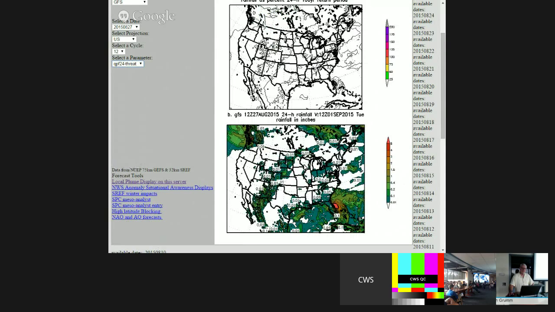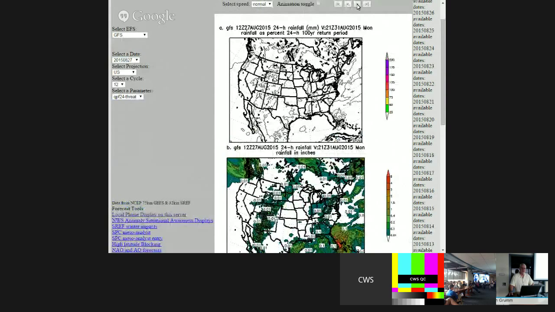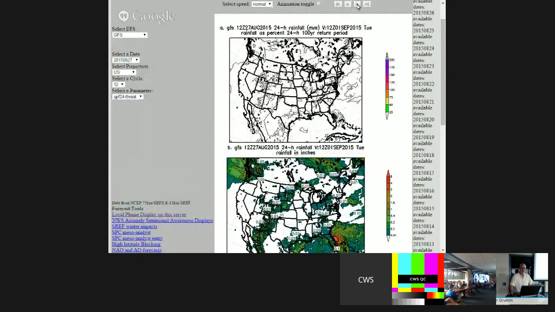It's hard to see, but this upper panel shows the 24-hour rainfall in the GFS, relative to the 100-year, 24-hour return period of rainfall. I have to change the contours on this image clearly.